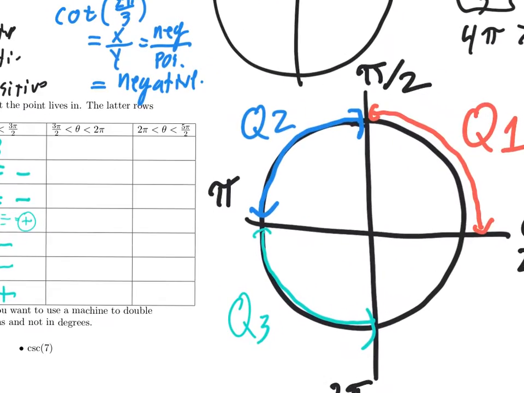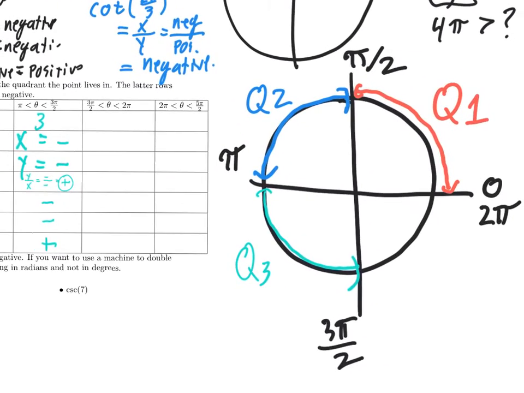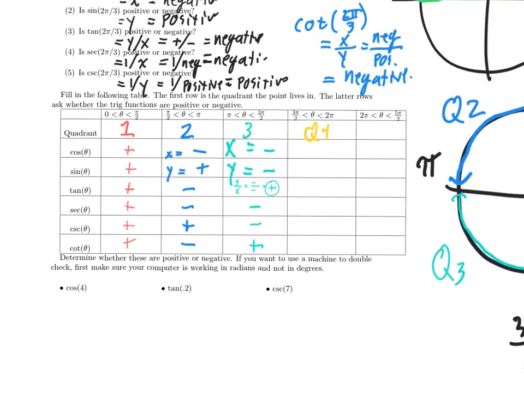The next interval in question is 3 pi over 2 onto 2 pi. So switch colors again. 3 pi over 2 onto 2 pi lives in quadrant 4. In quadrant 4, the x value is positive.